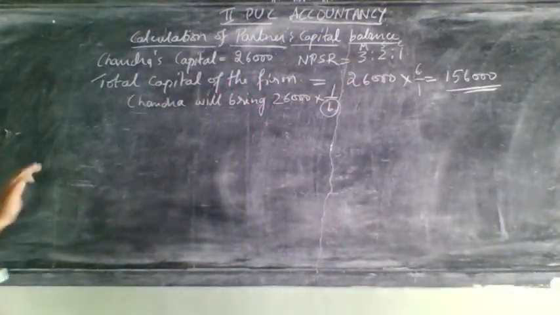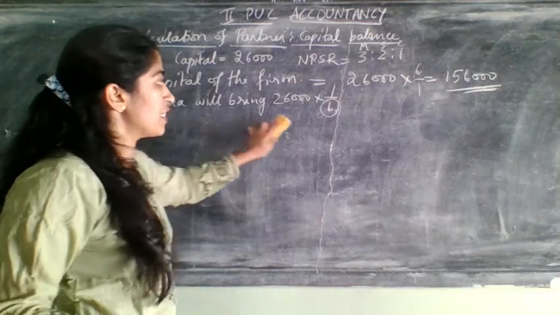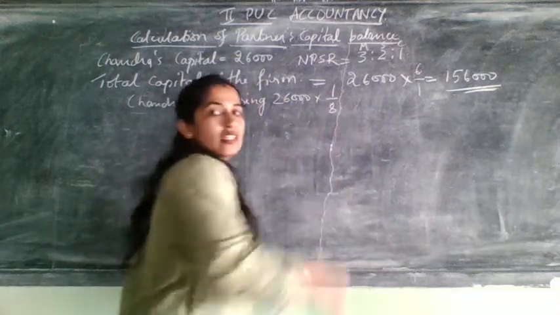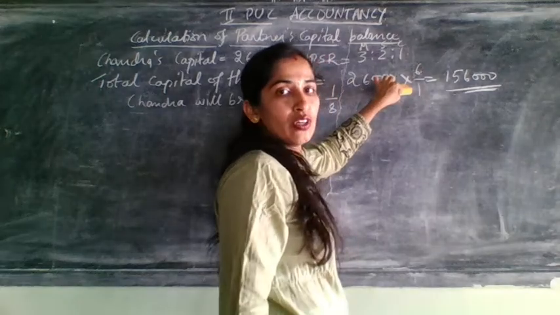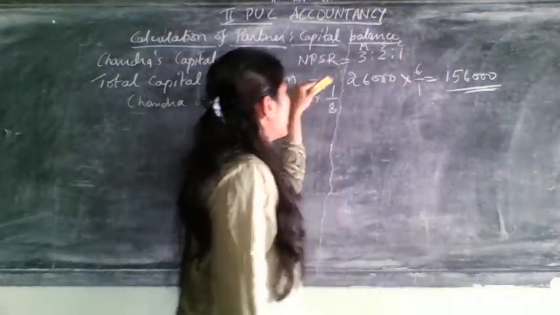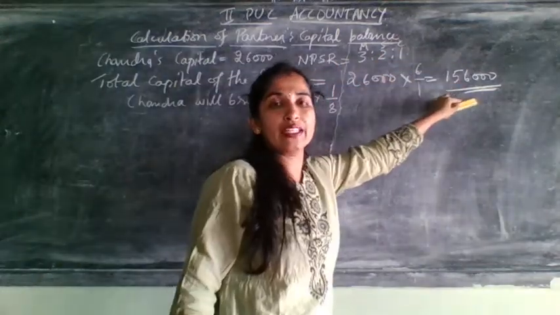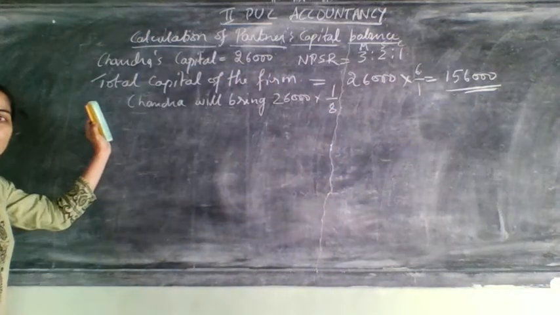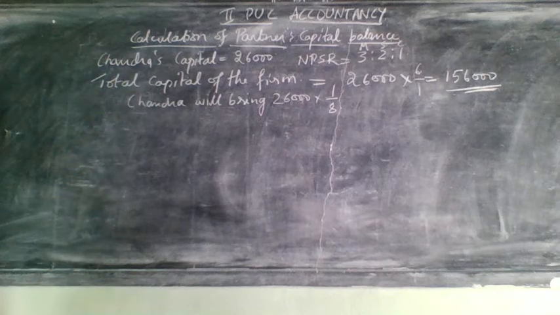When we got total capital of the firm, suppose Chandra will bring 26,000 for 1/8 share, that time 26,000 into 8 by 1. Whatever answer you get is considered as total capital of the firm.